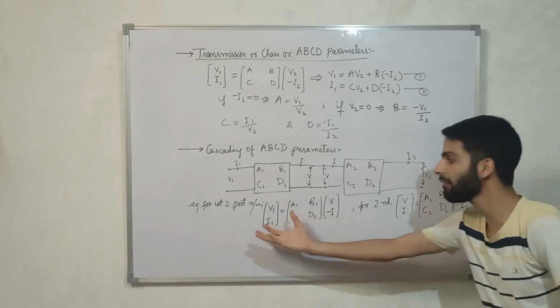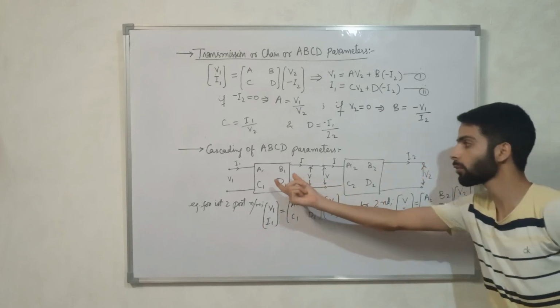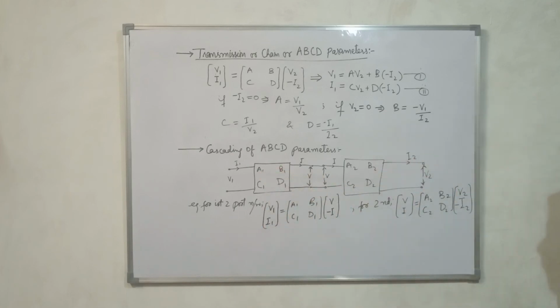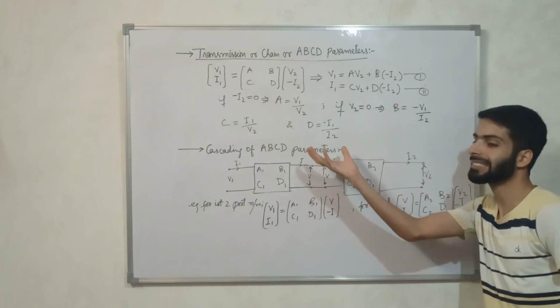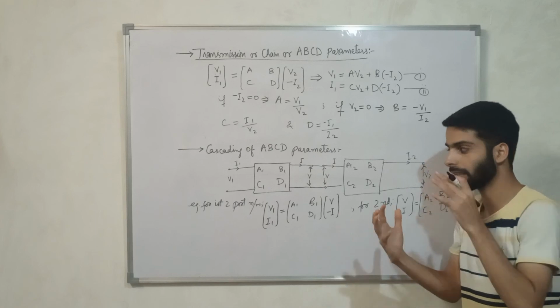Those are the two individual equations for those two individual two-port networks whose ABCD parameters are to be found after cascading them, after joining them.